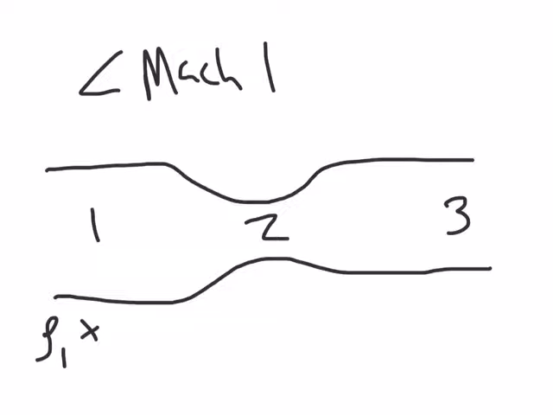Sorry about that. Sometimes the pointer here doesn't work very well. So the density at station 1.